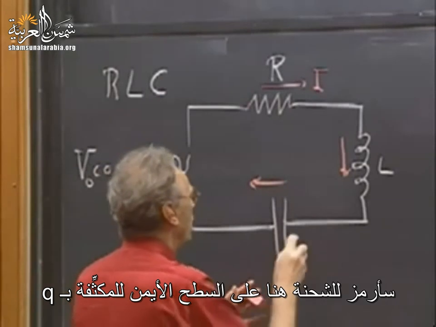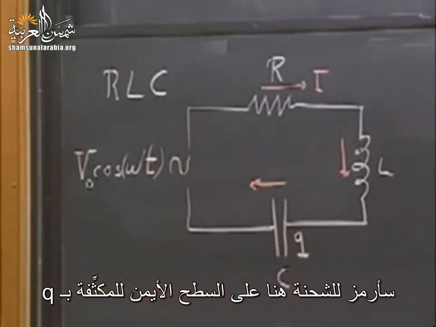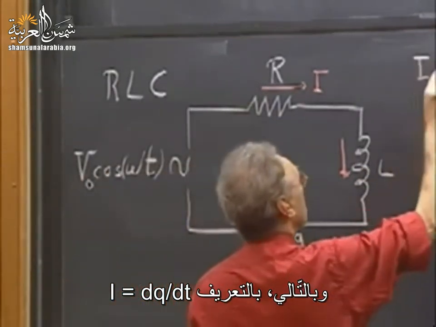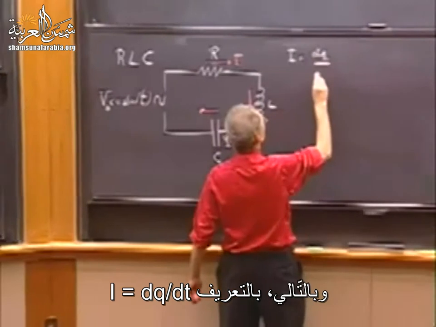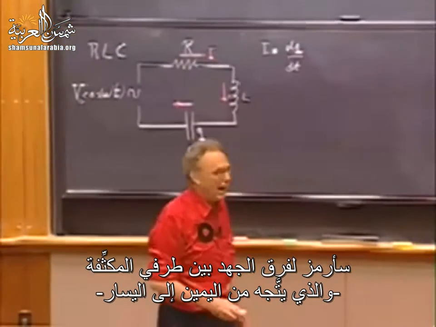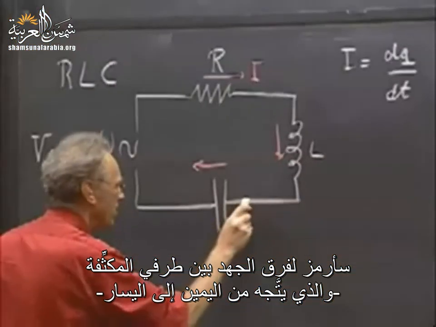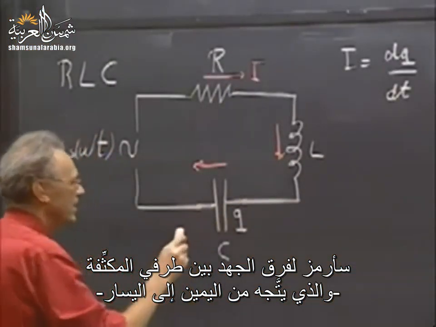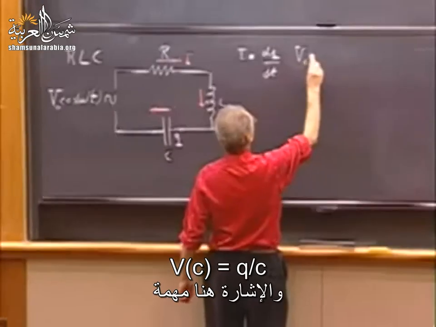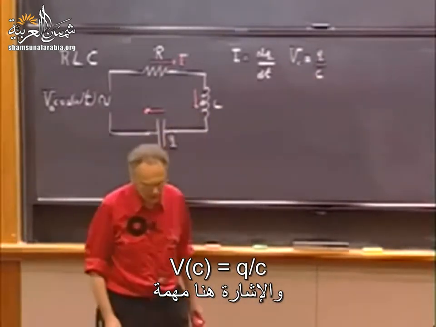The charge here on this right plate I will call Q, and therefore by that definition I is then dQ/dt, sign sensitive. I call the potential difference over this capacitor in going from the right side to the left side, I call that V of C. That then is Q divided by C. All of that is sign sensitive.